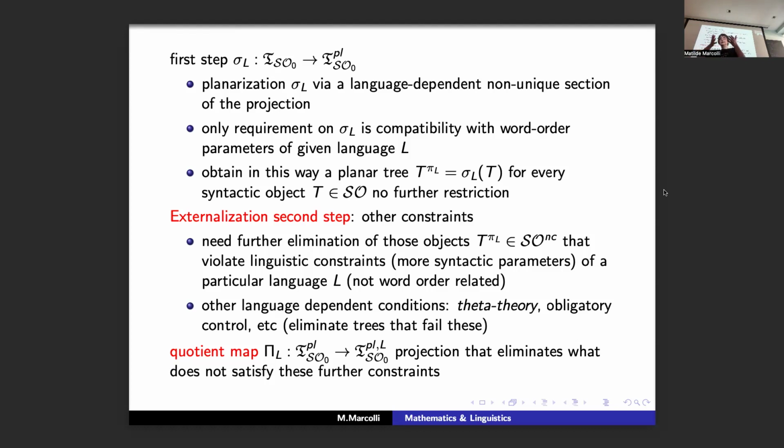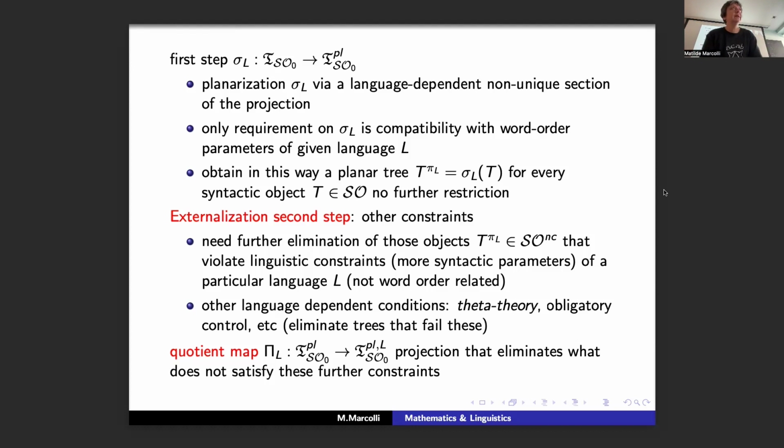Of these different forms obtained from one another by internal merge, Dutch would externalize one of them, English would externalize another one, and German would also use only one verb raising operation rather than two, so it would externalize it in a third different way. So you have all these structures available, but some of them are dropped and some of them remain. It's like you have a language-dependent filter that says of these ones, these are not viable, these ones remain. So that's more like what this quotient map looks like.